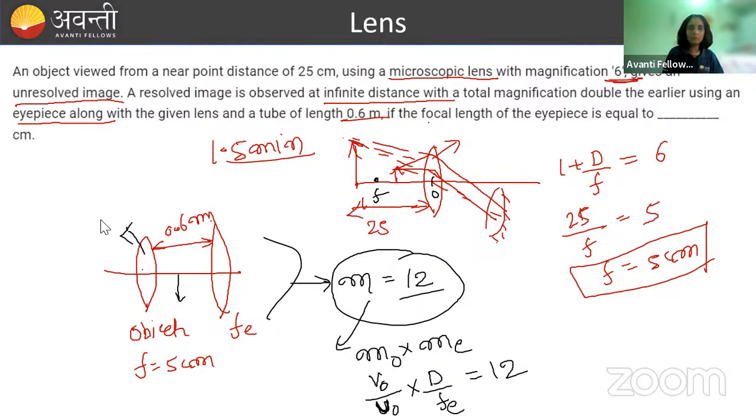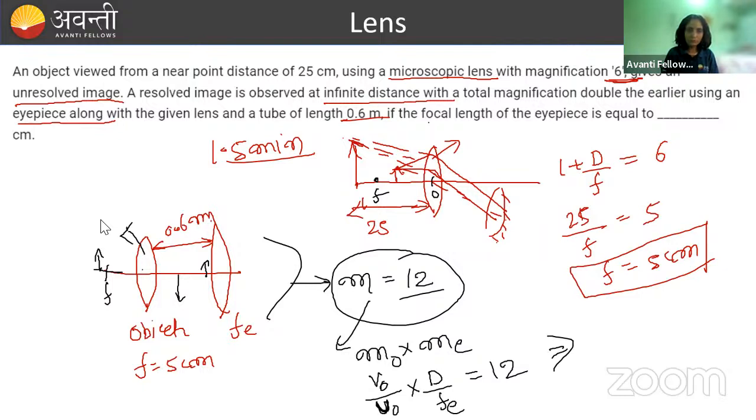I told you the object is kept very close to focus, so that we can get a very large image from the objective lens itself for maximum magnification. So U naught will become equal to F naught. And in that case, the image will get formed very close to the eyepiece. And that is why image distance can be taken as tube length. Done. So we will use the approximation here.